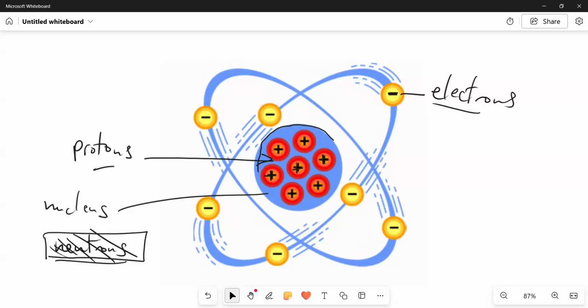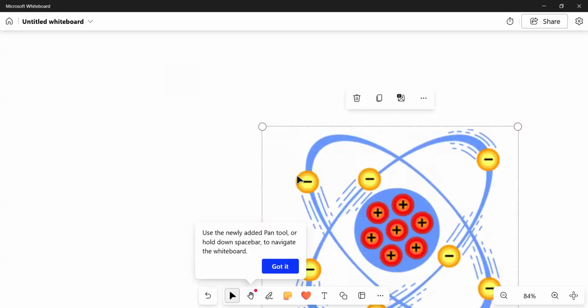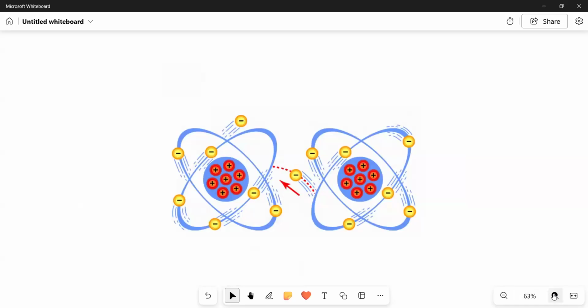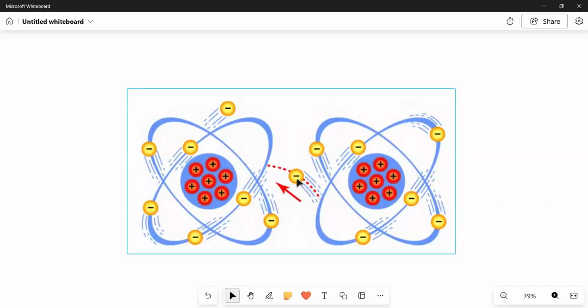And yes, so when you have several atoms interacting with one another, I want to bring another model for you to see. As atoms interact with one another, ever so often you can have a situation where an electron somehow gets dislodged from its orbit.